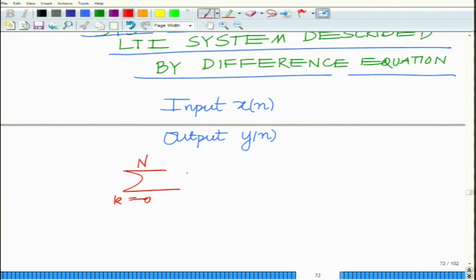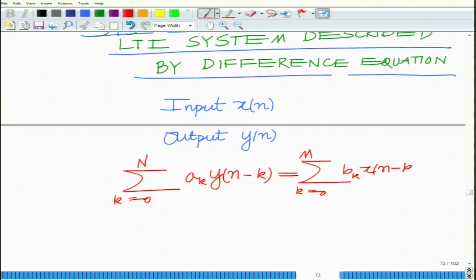the summation over k equals 0 to N of a_k y[n-k] equals the summation over k equals 0 to M of b_k x[n-k]. Now, this is known as a difference equation. Typically for a continuous time LTI system we have a differential equation, correct.